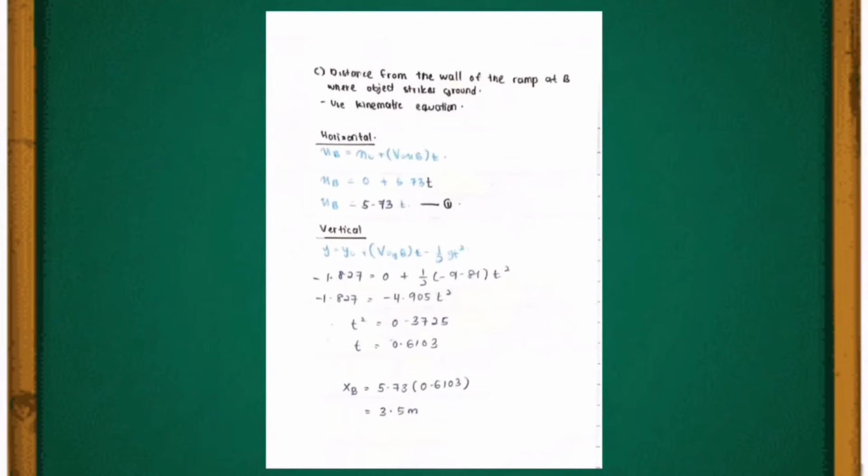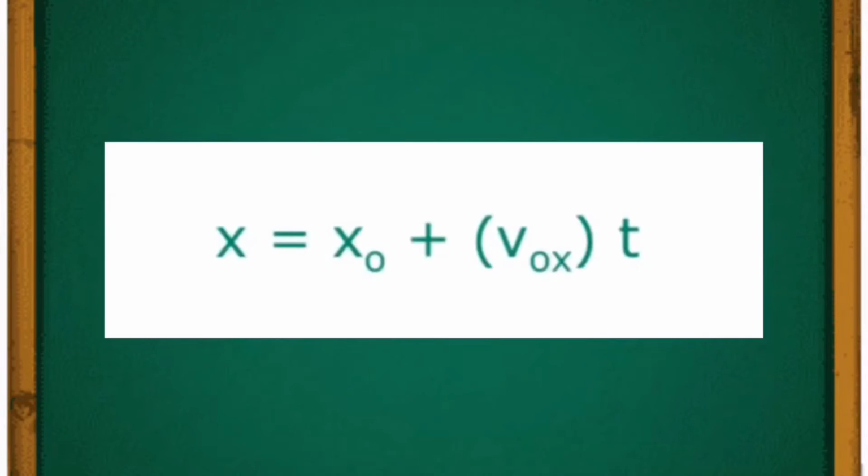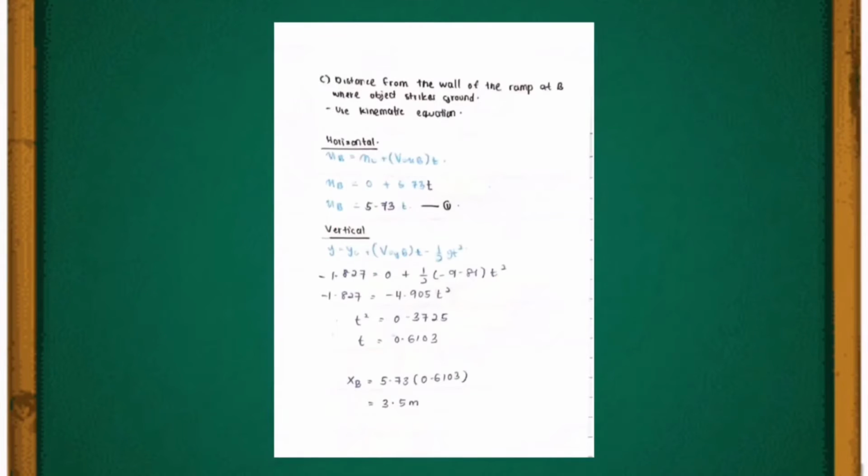For horizontal, we assume that movement to the right is positive, and we use the kinematic equation to find xb. X naught is equal to 0, and V naught x is 5.73 times t. So our equation 1 is xb equals 5.73 t.